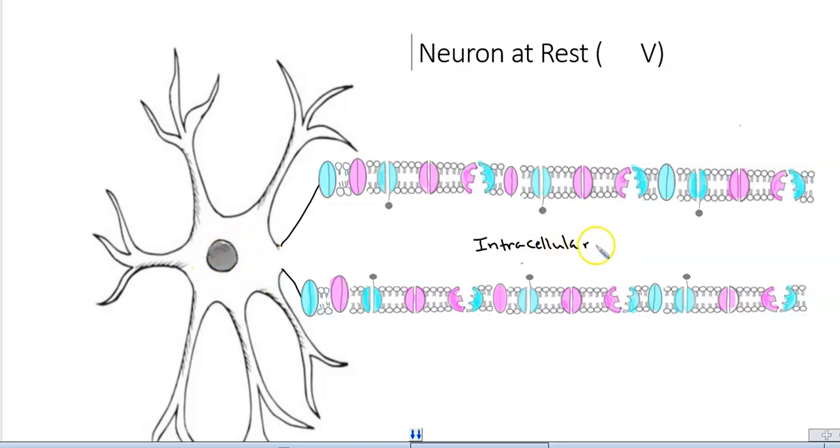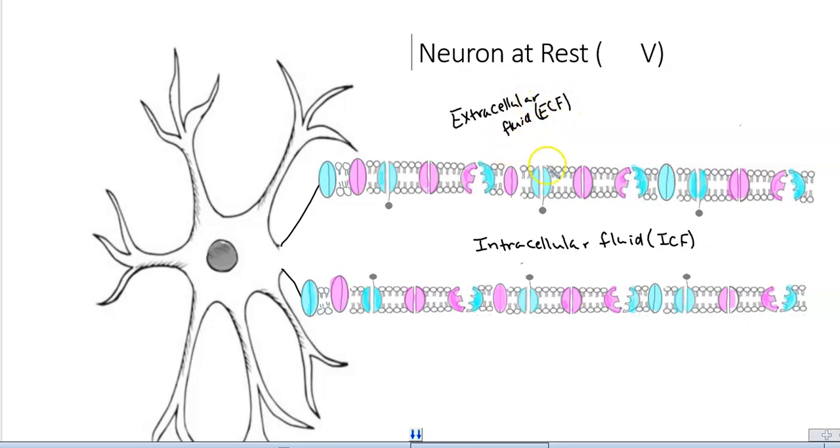From now on, I'm going to abbreviate that as ICF. And then outside, out here, is called extracellular fluid, which is outside of the cell. And this would be ECF.